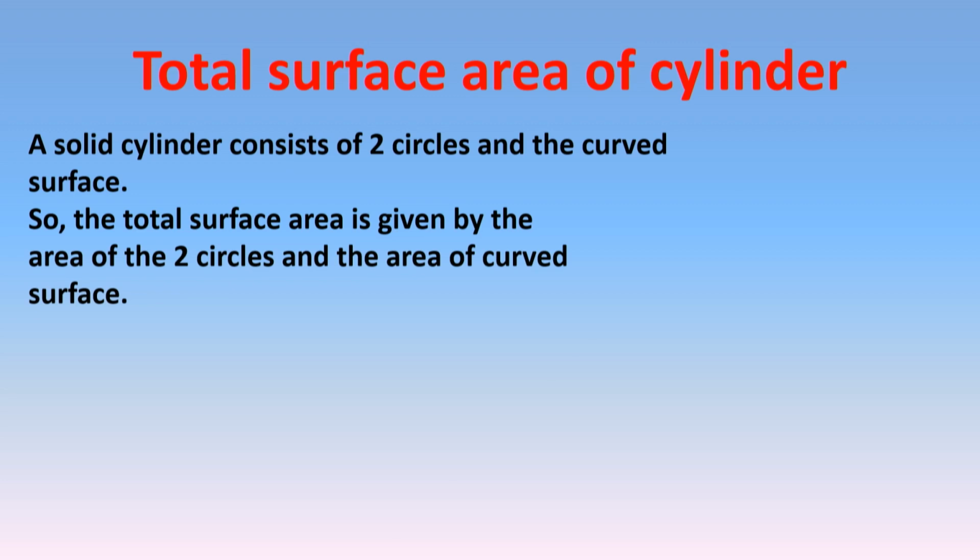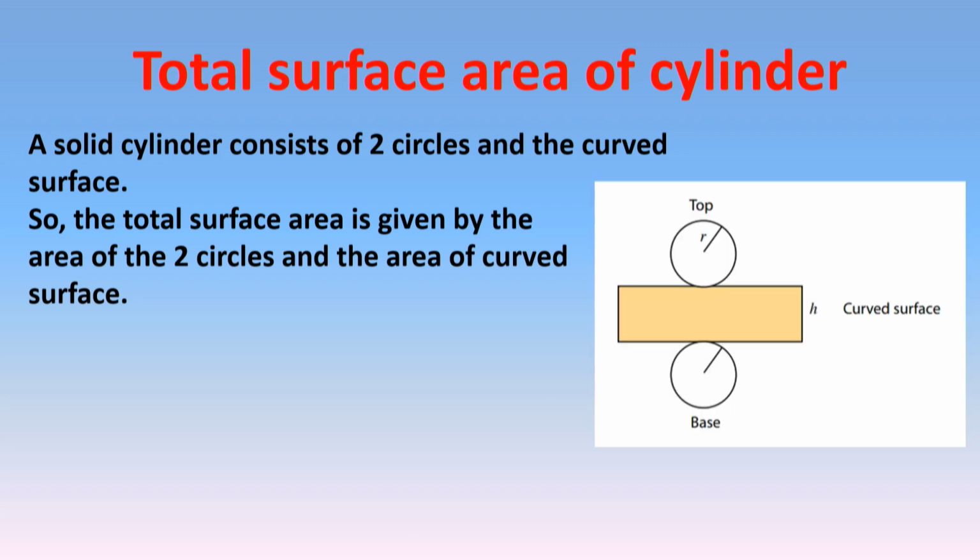So a solid cylinder consists of 2 circles and the curved surface. And as I have mentioned, the total surface area will be given by the area of the 2 circles and the area of the curved surface.